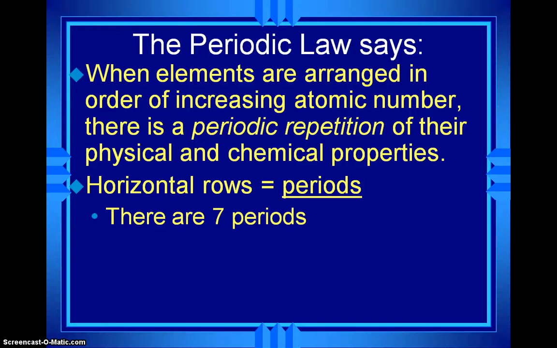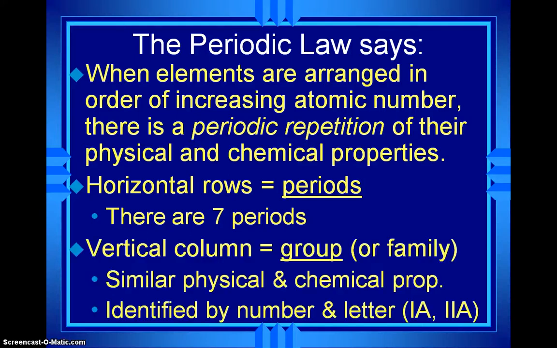In the periodic table now, we have horizontal rows, which we call periods, and there are 7 different periods. We know from the last unit on electron configurations that the period correlates to the number of energy levels. Then we have columns of the periodic table, which are called groups or families.